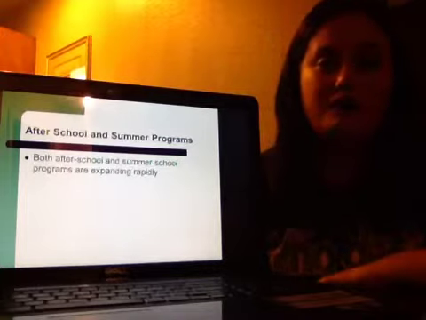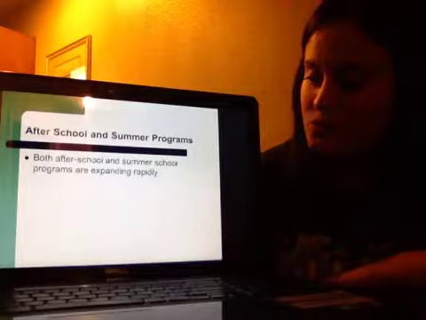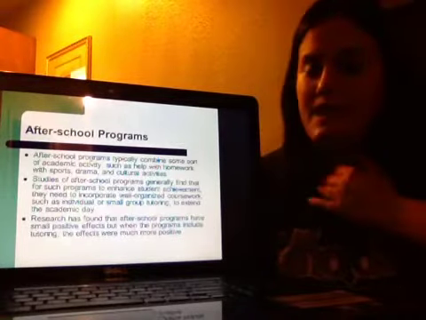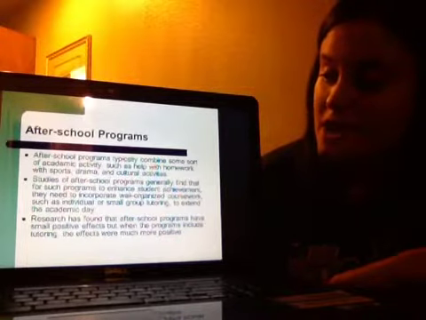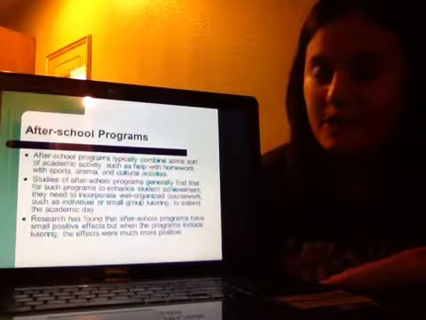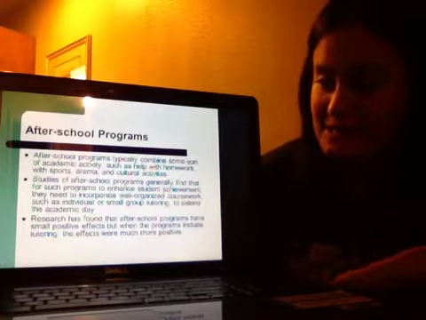There's also after-school and summer programs. Both after-school and summer school programs are expanding rapidly. After-school programs are typically combined with some type of academic activity, such as help with homework, with sports, drama, and cultural activities.